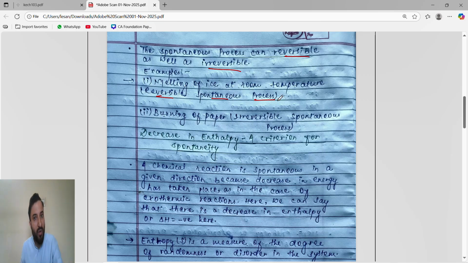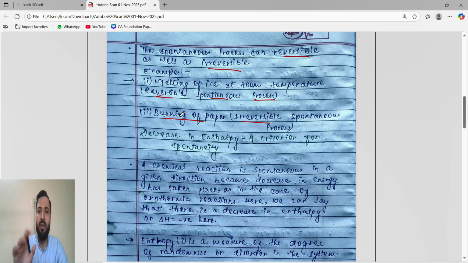Okay, so melting of ice also we should not have to do anything. Ice will melt into water, and from water again conversion to ice also we should not have to do anything, just we have to keep it inside the fridge. That's it. By its own it will complete. Now next is burning of paper. Burning of paper is irreversible.